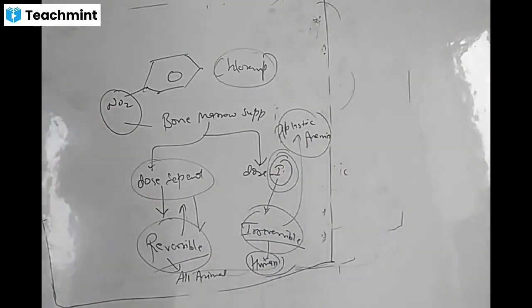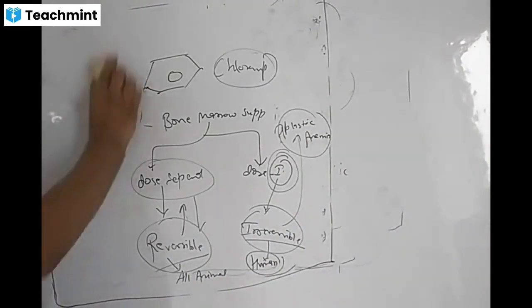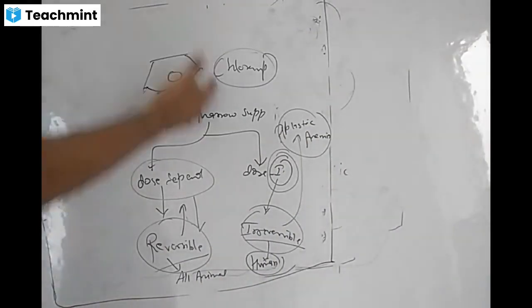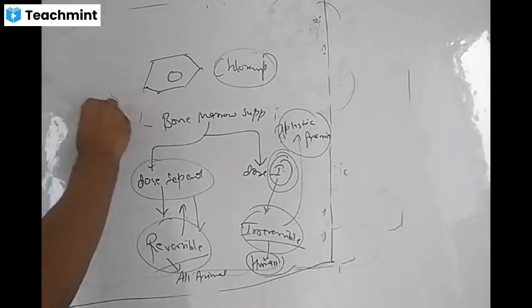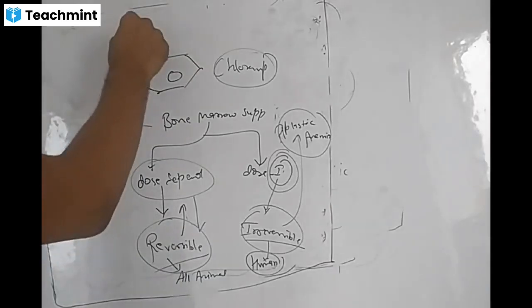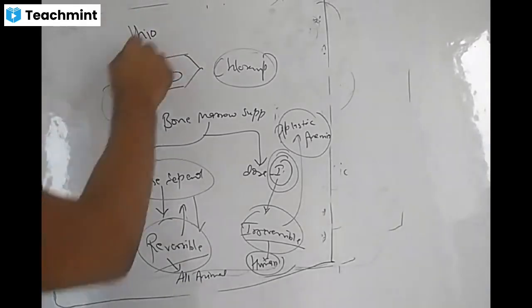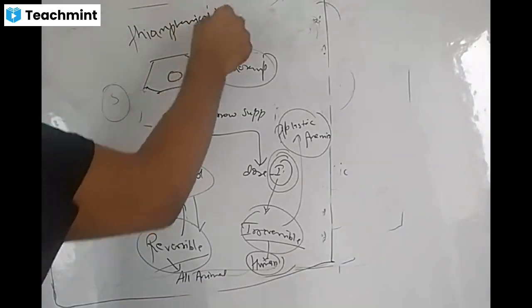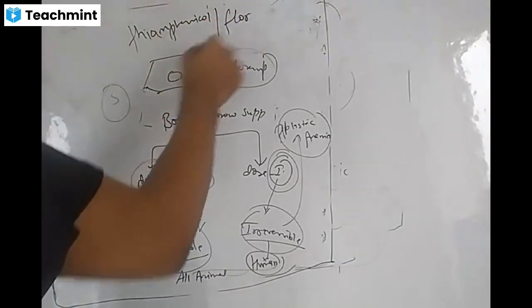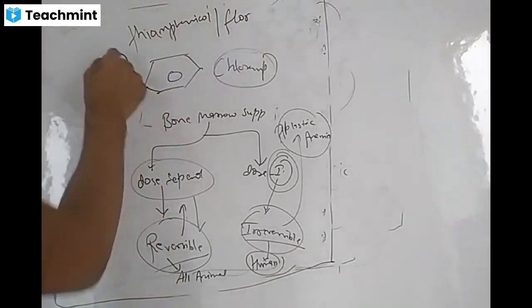If we remove this nitro group, then there will be no bone marrow suppression. And if we put some molecule here, it will become thiamphenicol, or florfenicol if we add a fluorine atom.